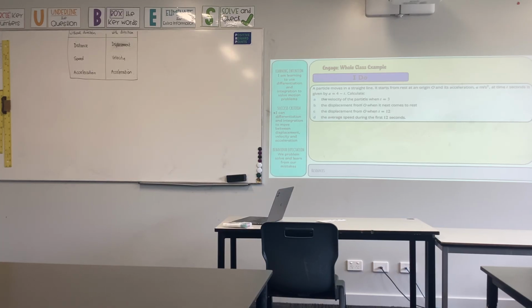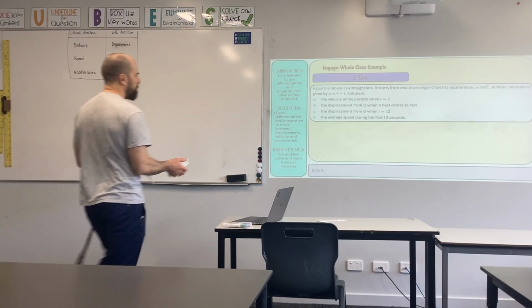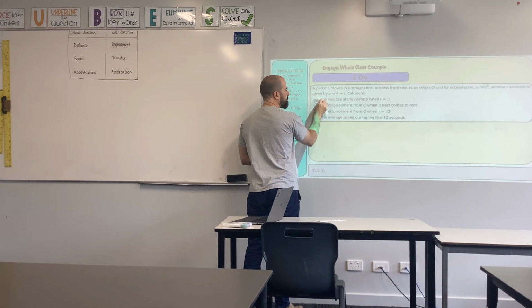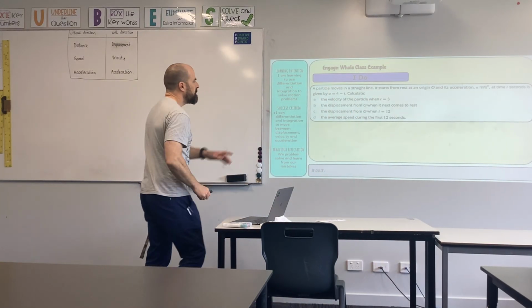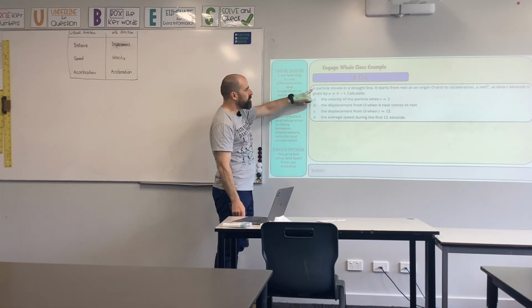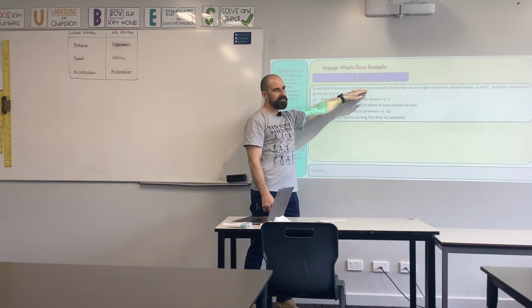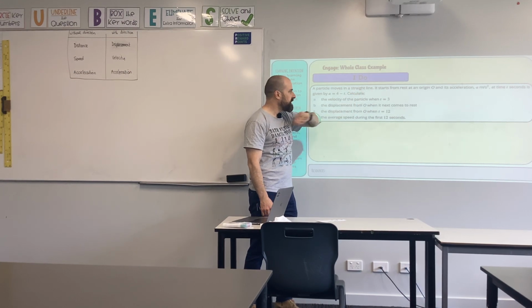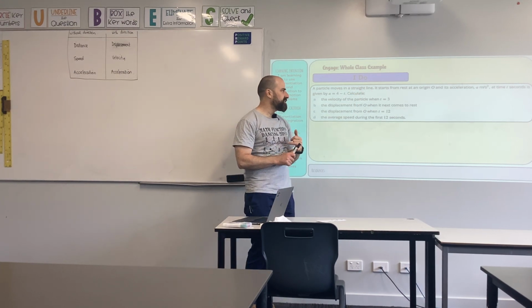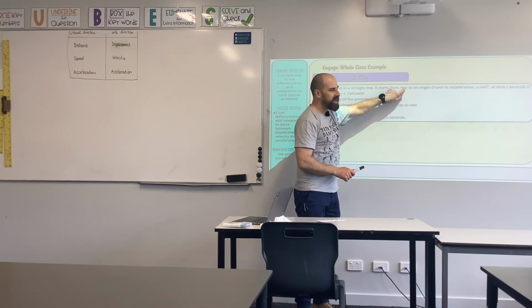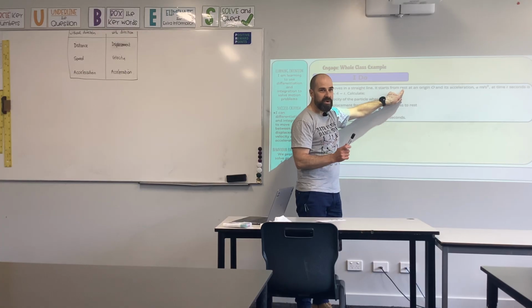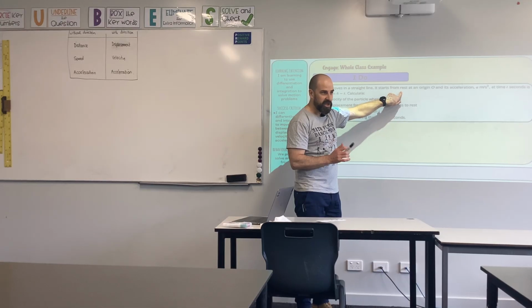What information have we been given at the start? A particle moves in a straight line. It's always in a straight line in maths methods. The course doesn't go beyond straight lines. It starts from rest at the origin. What does it mean that it's at rest? What's zero? It's not moving, so the velocity is zero.